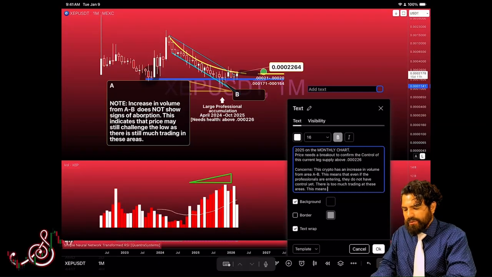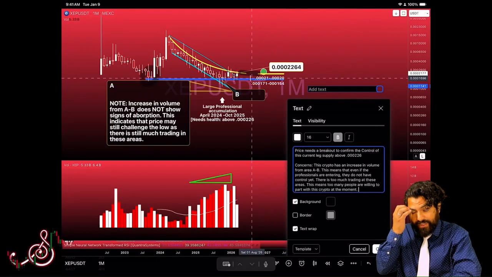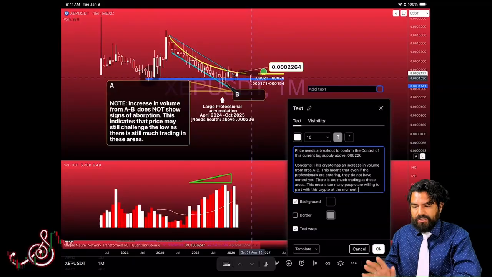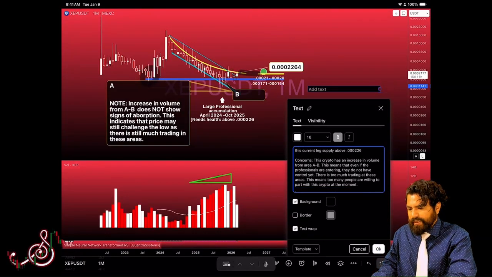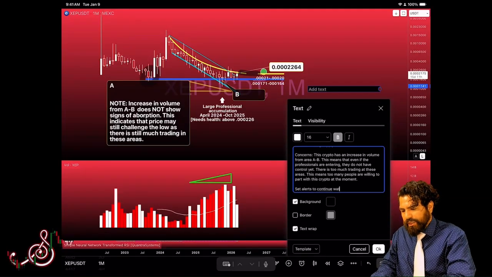This means too many people are willing to part with this crypto at the moment. Now, this could last several months and waste your time. Your job is to watch this, so we're going to set some alerts to continue watching this unfold.